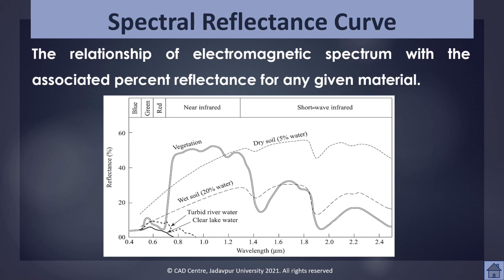For any given material, the amount of solar radiation that is reflected, absorbed or transmitted varies with the wavelength, as we have discussed earlier.